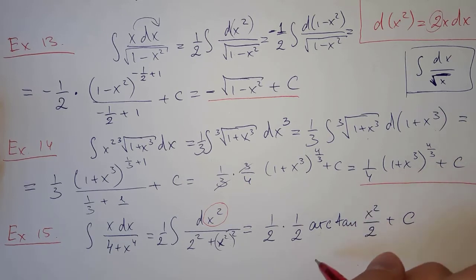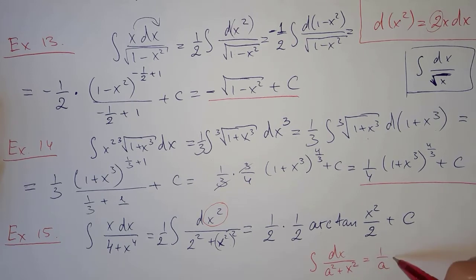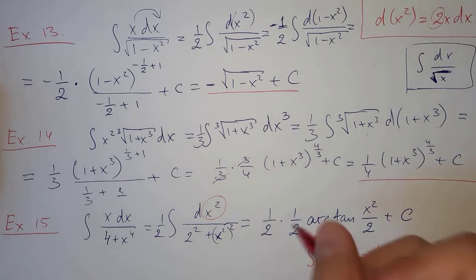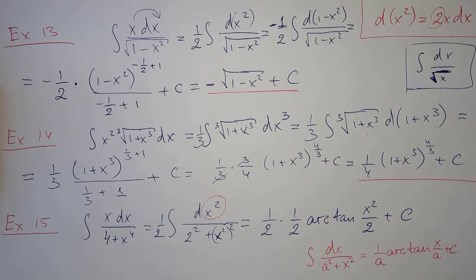Again, one more time, let's recall it. The integral of dx over a squared plus x squared is 1 over a arctangent of x over a. So now we have the following answer here.